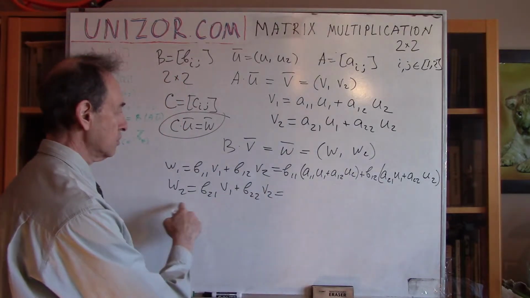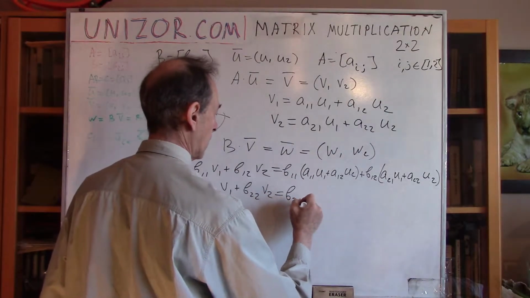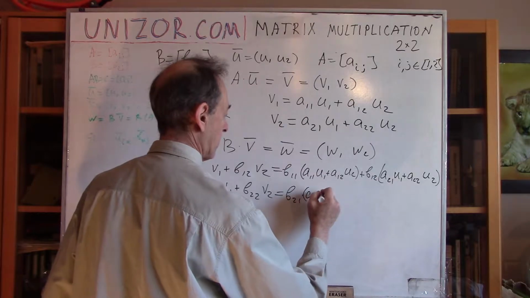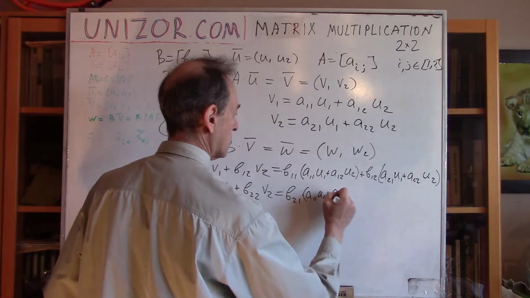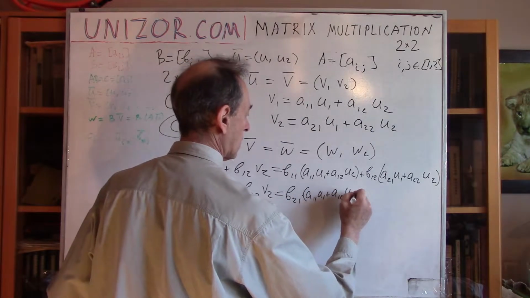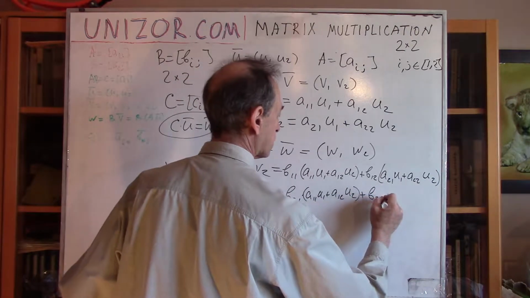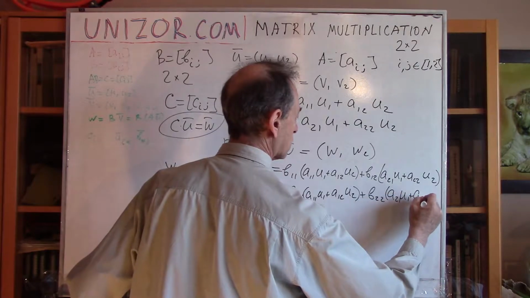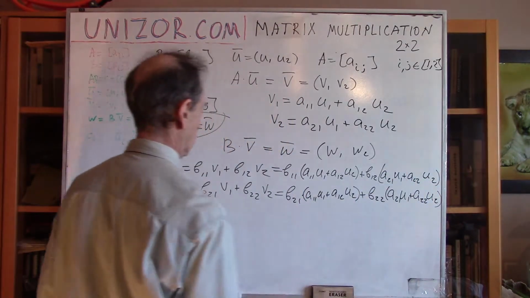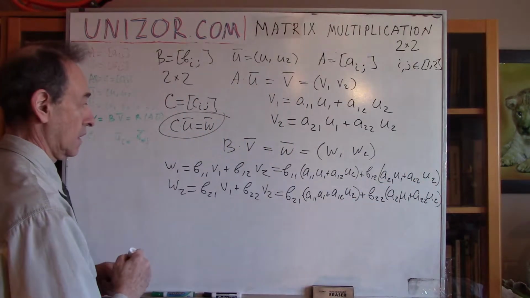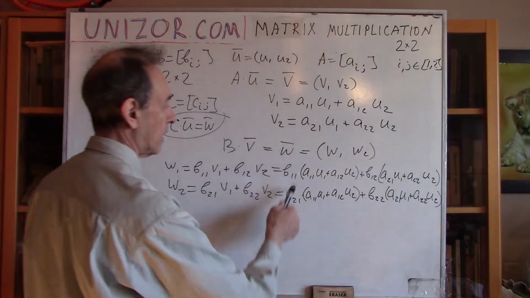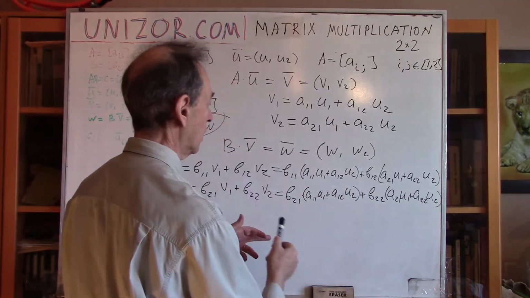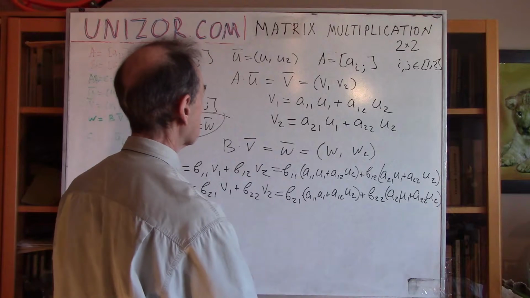Now, W2 is equal to B21 times the same thing here, plus B22 times (A21 U1 plus A22 U2). Okay. Now we just have to combine U1 and U2 to get something reasonable, right?